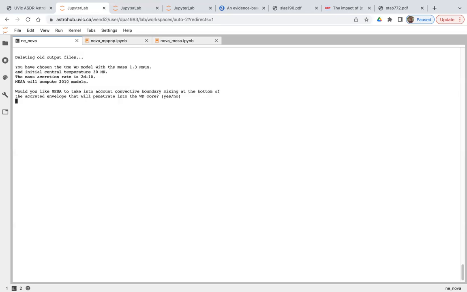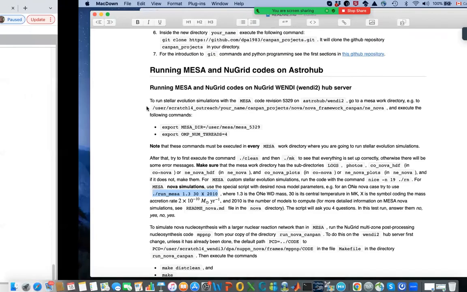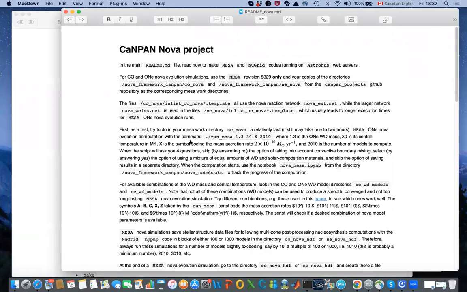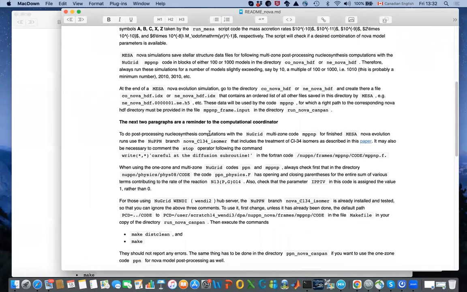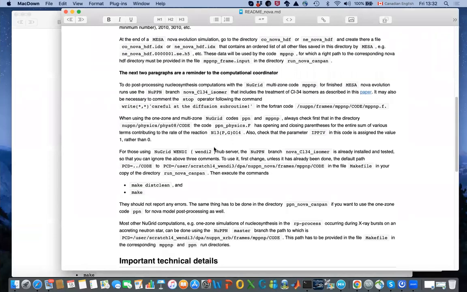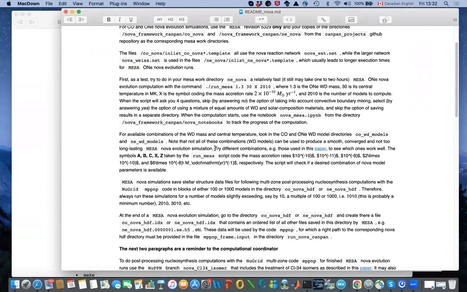Now the first question it asks: would you like MESA to take into account convective boundary mixing at the bottom of the accreted envelope that will penetrate into the white dwarf core? Yes or no? There are 2 mixing options in our Nova framework, which are explained here.